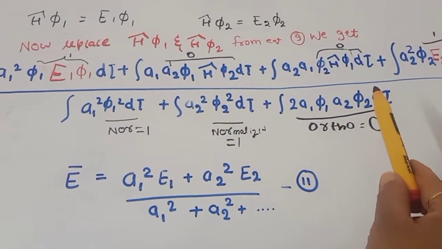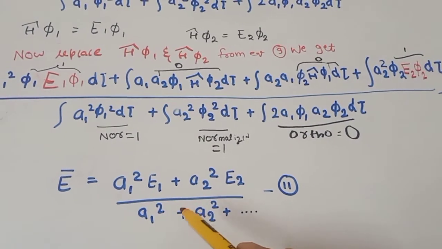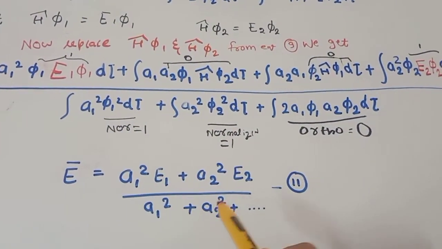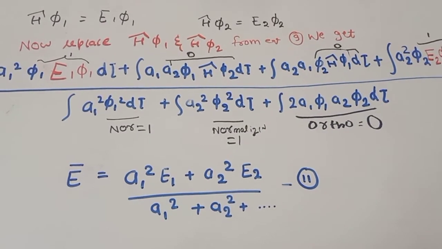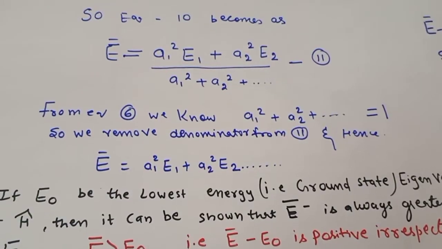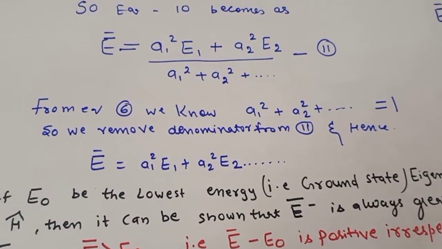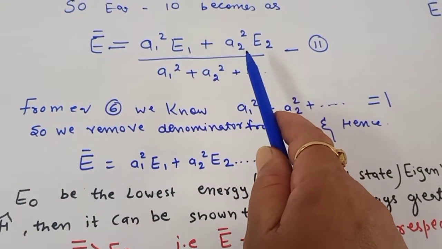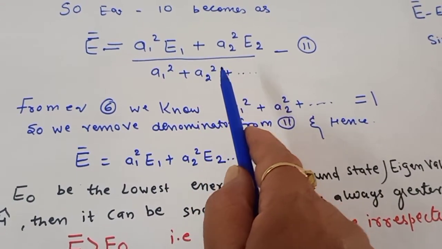Then from the fourth term, we get a2 square and e2 by a1 square plus a2 square. So now let us see further. Equation number 10 becomes e bar equals a1 square e1 plus a2 square e2 by a1 square plus a2 square and so on.